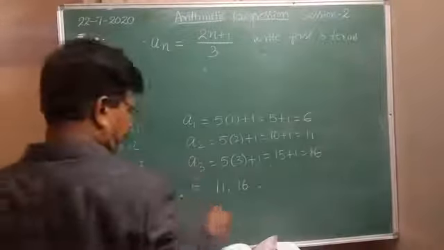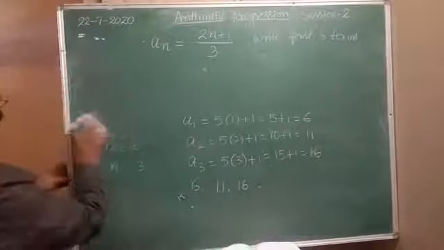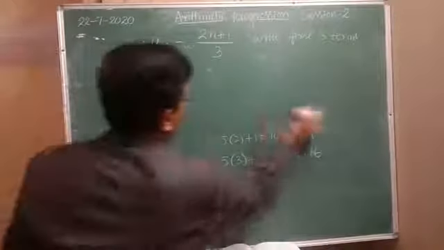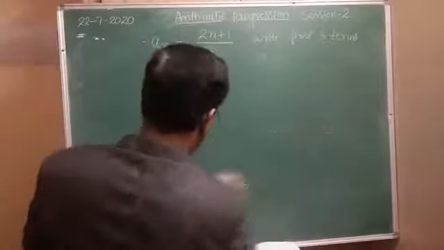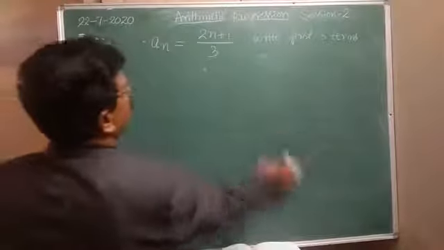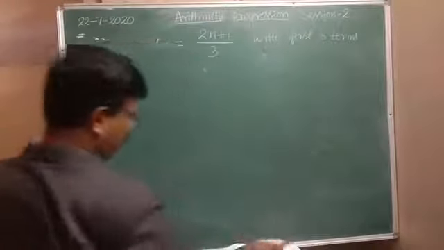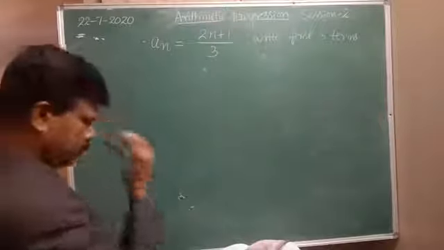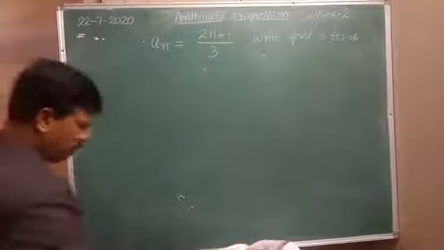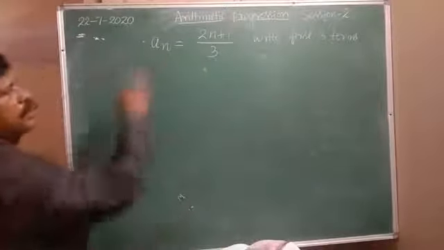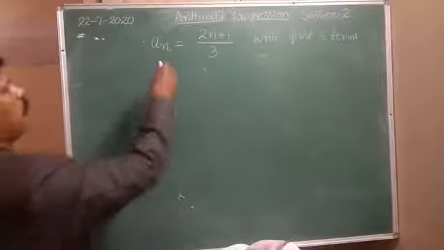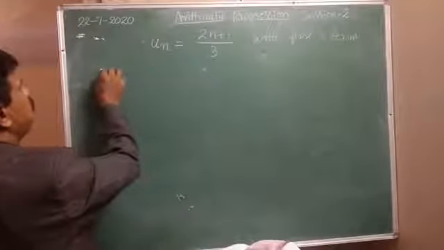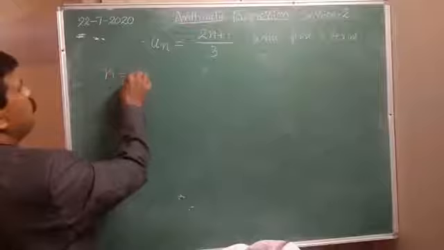Now here also the terms are described by an explicit formula, that is the nth term formula. To find the terms, for the first term n is equal to 1.